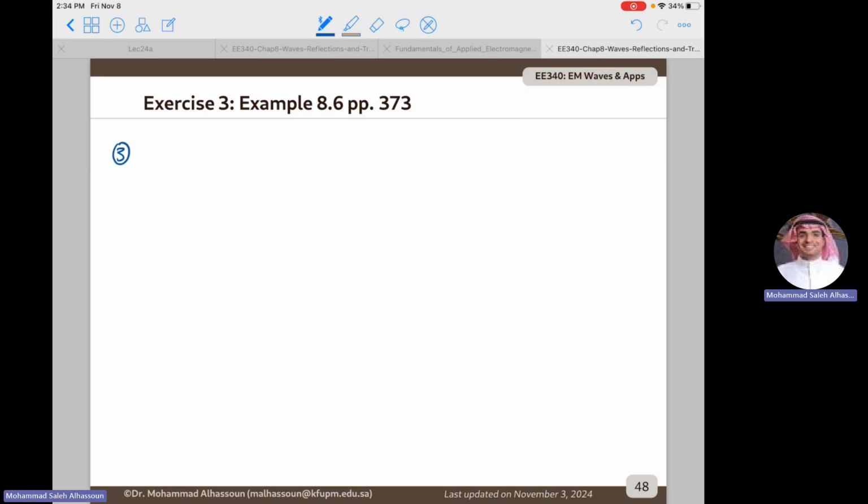So the Poynting vector in medium 2 is simply 1/2. Well, here I want to find the average power. I don't care about the direction, so I need to take the magnitude. So the magnitude of the electric field is 62 squared divided by eta 2. Eta 2 is 60 pi. So this gives me 10 watts per meter squared.